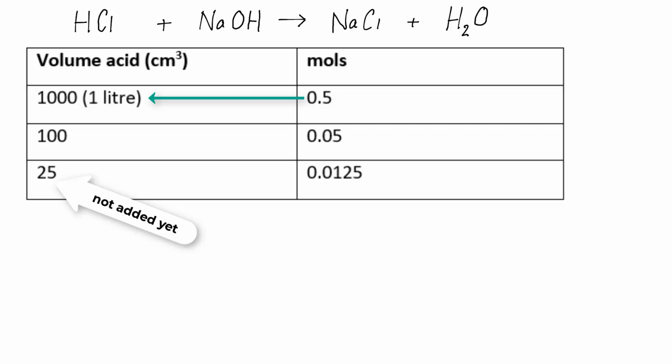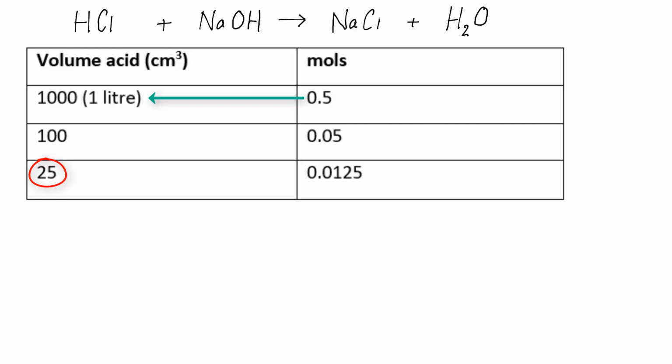And this exact volume has been added from the burette to the flask containing the sodium hydroxide. And it contains the exact number of moles of acid needed to use up all of the sodium hydroxide in the flask. I'll explain a bit further, but without equations, just ratio and proportion, because there is a point to this.